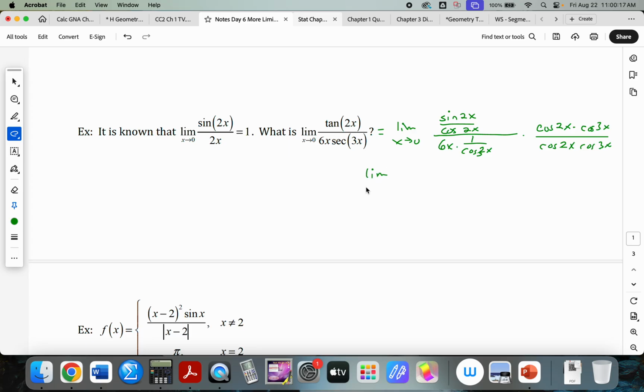So that'll be the limit as x goes to 0 of sine 2x times cosine of 3x over 6x times cosine of 2x.